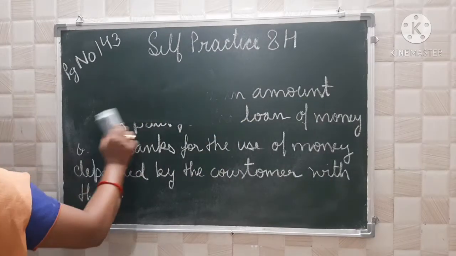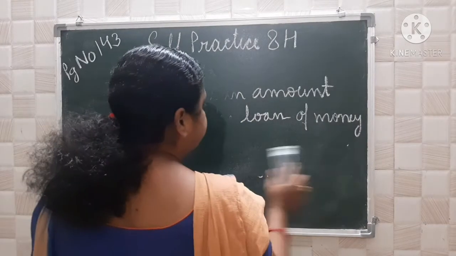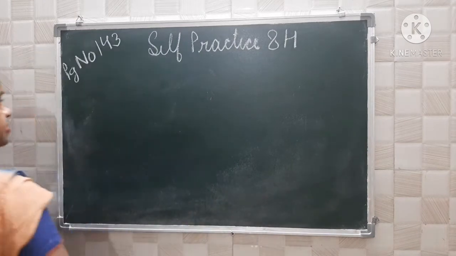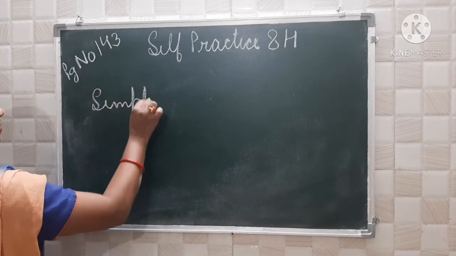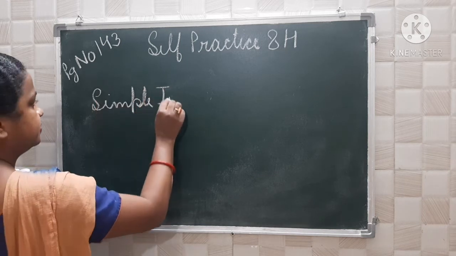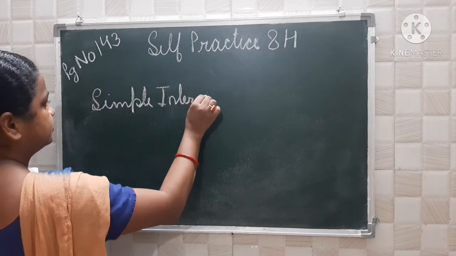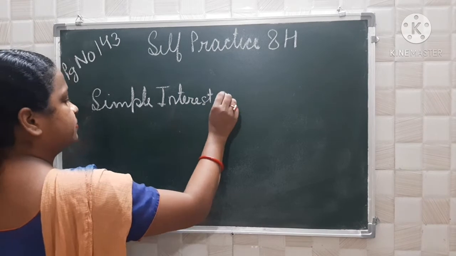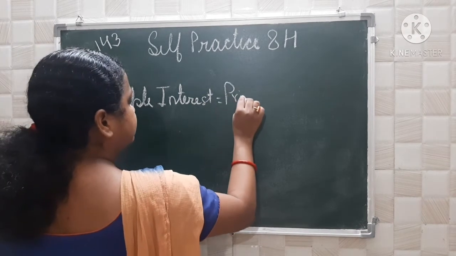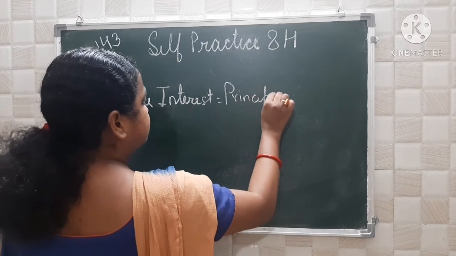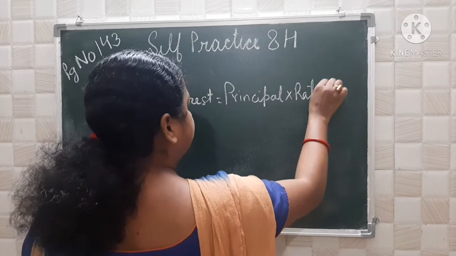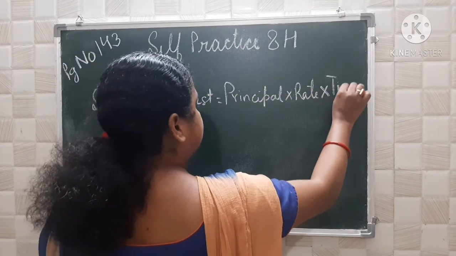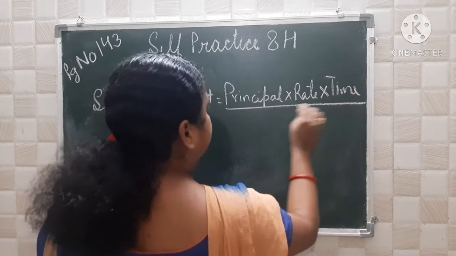Now the formula for simple interest is: simple interest is equal to principal into rate into time upon 100.